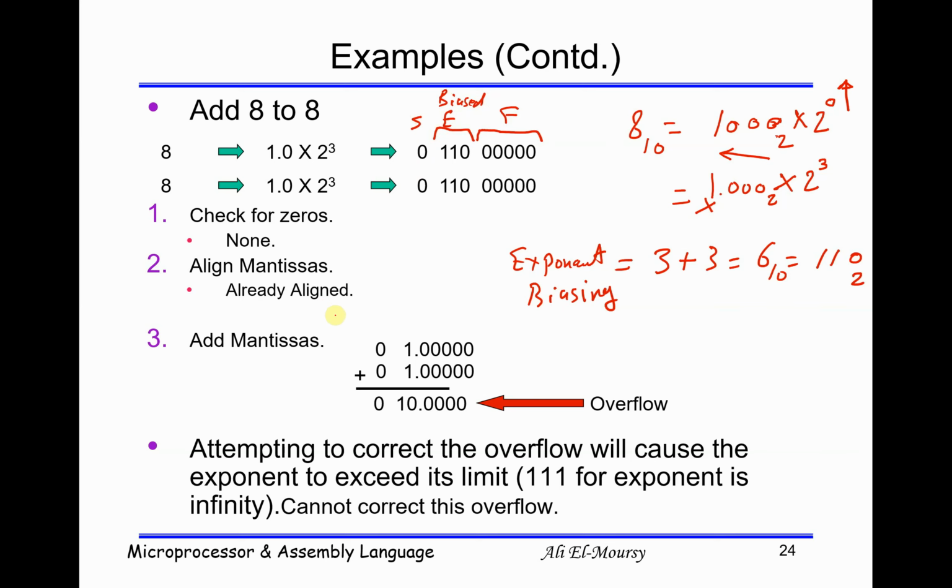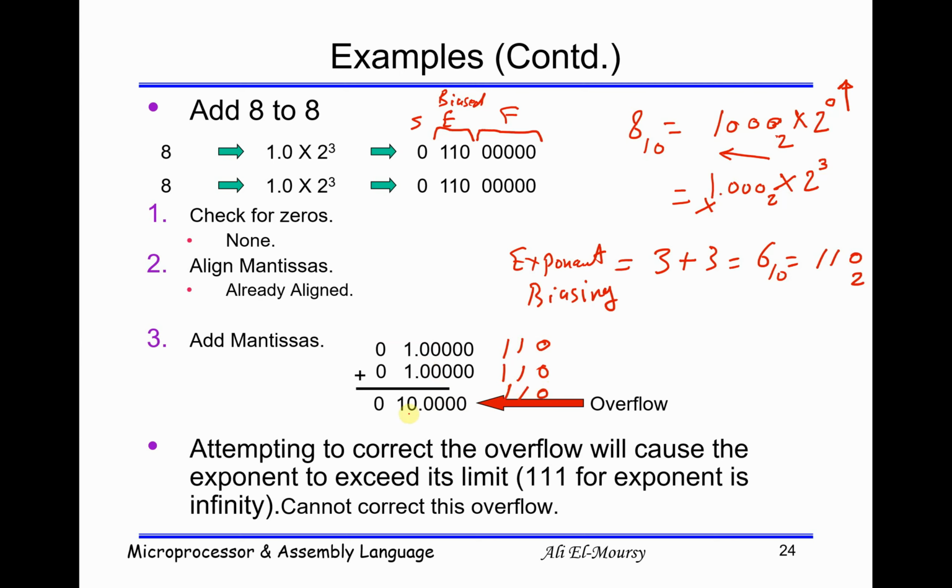Okay, so now the two numbers are aligned, so I can just go over the addition directly, because for both of those numbers the exponent is 0 1 1. Now after the addition, I end up with this number which has the exponent also 0 1 1.